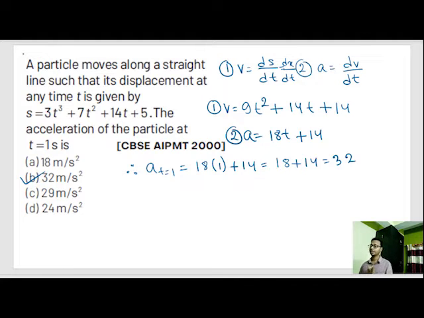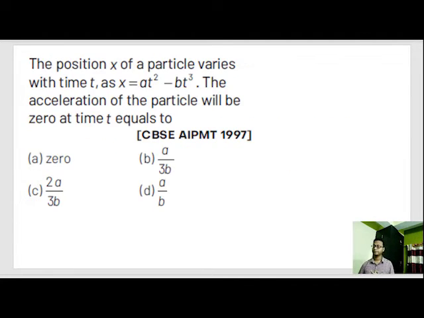So let's read out the next question. The position x of a particle varies with time t as x equals at square minus bt cube. The acceleration of the particle is, so it is the same type of question. You see what I am doing? I am differentiating this position equation 2 times.